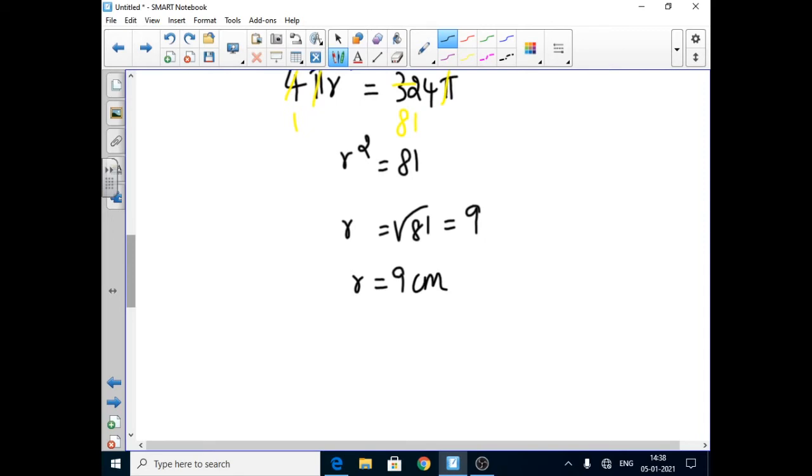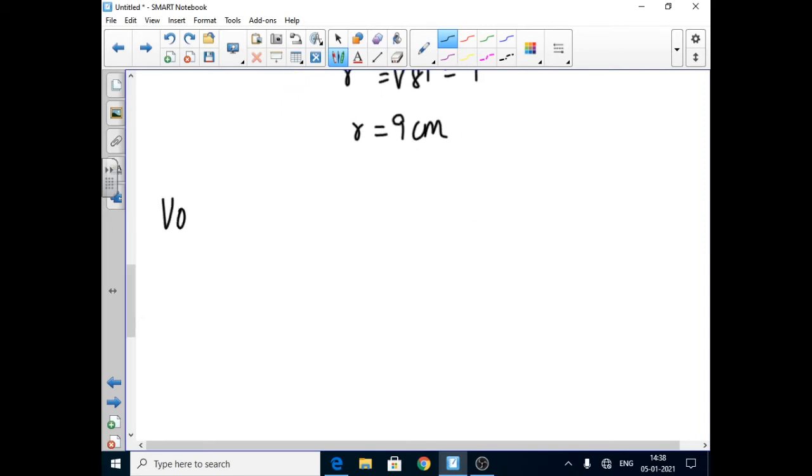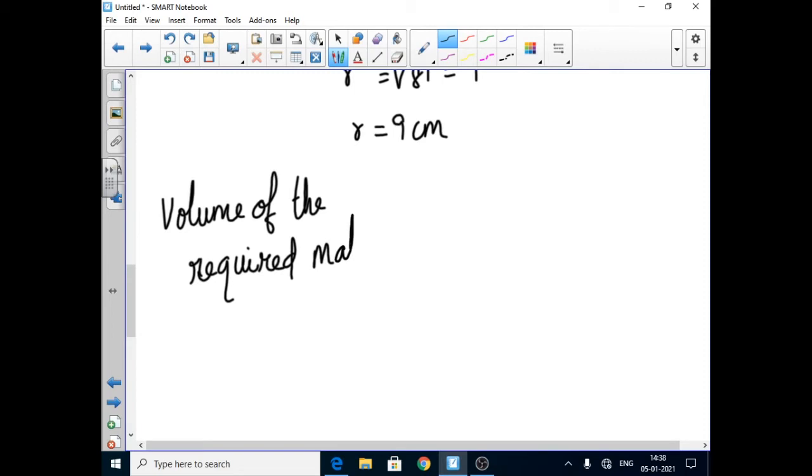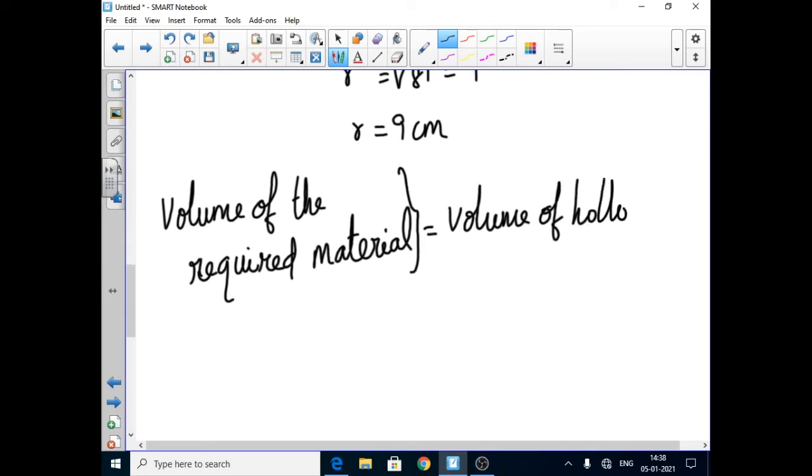So next, the volume of the required material is equal to the volume of the hollow sphere.